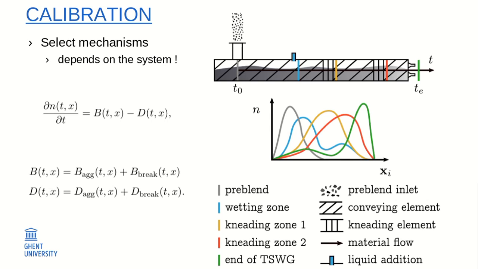So this is focusing on the mechanisms of aggregation and breakage. As an example, the initial dry pre-blend could look like the gray line in the graph in the middle, which is then transformed as the material moves through the system, indicated by the colored lines on the same plot.